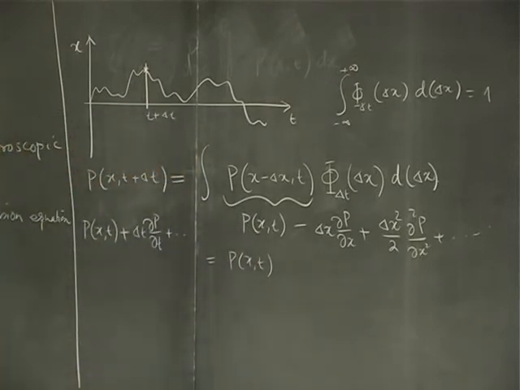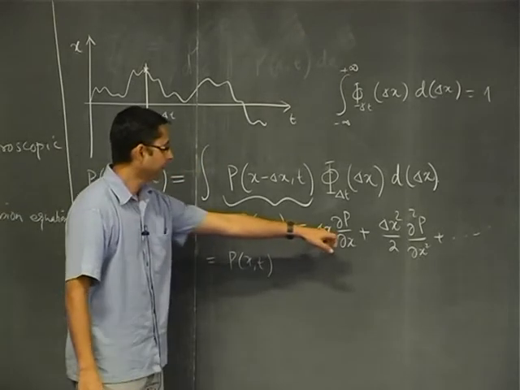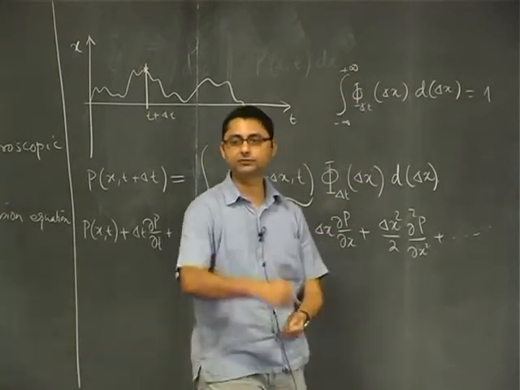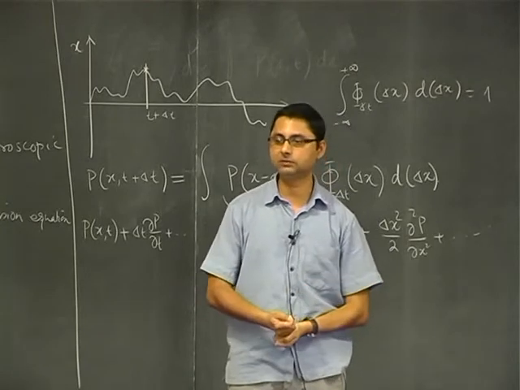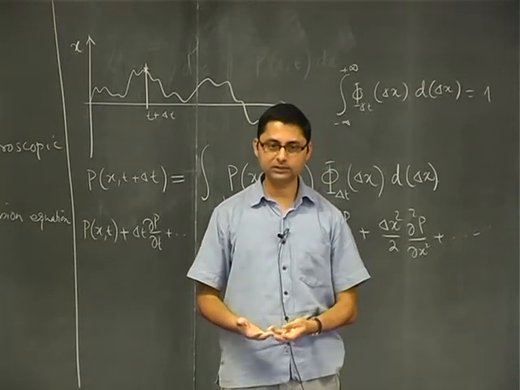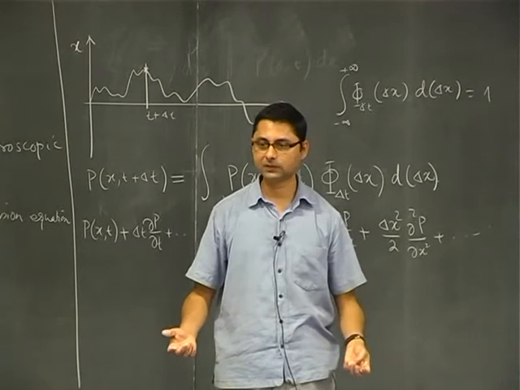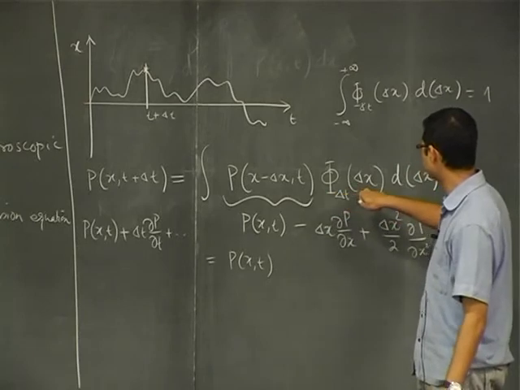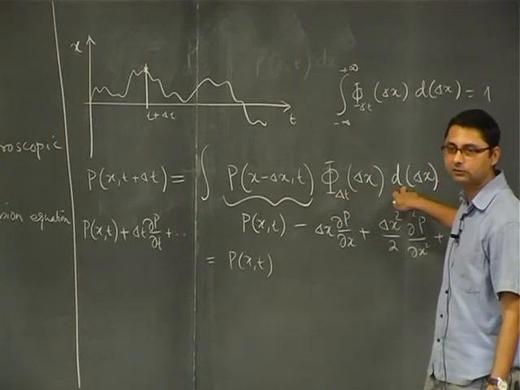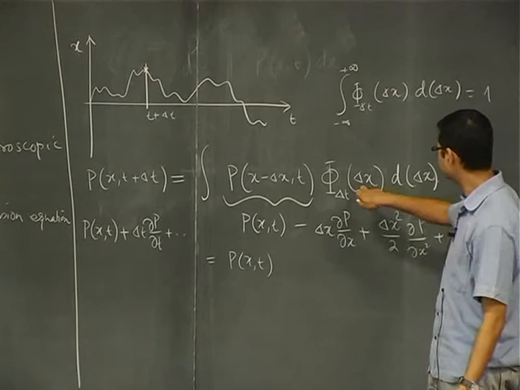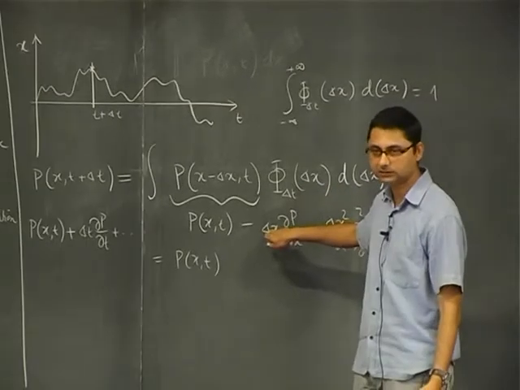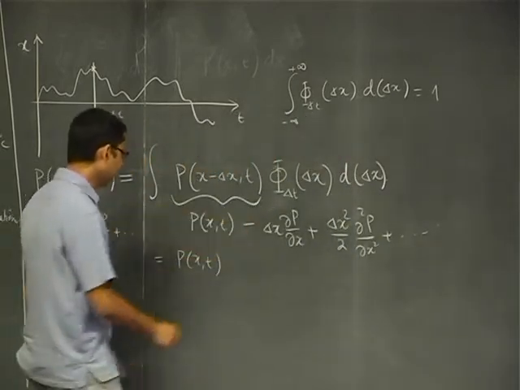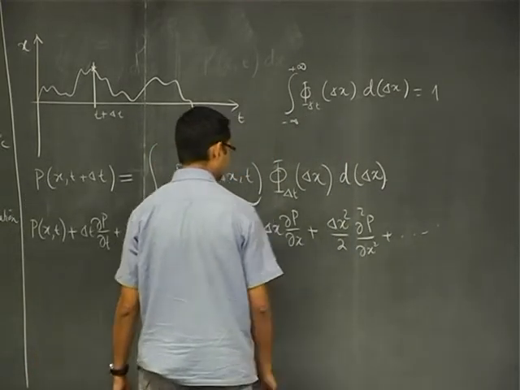What about the second term? This phi also must be symmetric, right? There is no reason that something comes from the left more often than from the right, because there is no external field in the system. There is no bias, it's a homogeneous system. So this object, delta x times phi times this one, integrated over, that is the first moment. This is a symmetric function, this is an anti-symmetric function, so the integral must be 0. Therefore there is no second term, and then I have a third term. What is the third term?